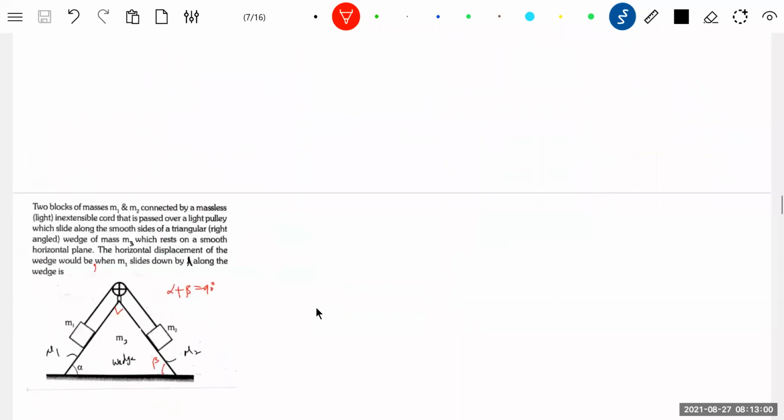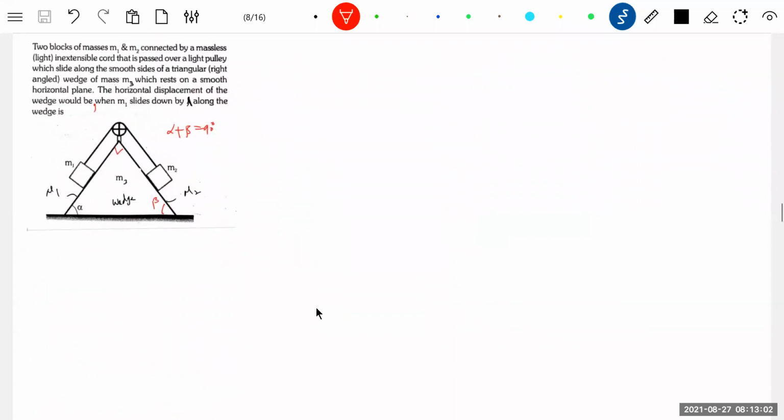Okay, now we'll take the next one. The wedge will also move. It is asking for the displacement of the wedge. This surface is rough.